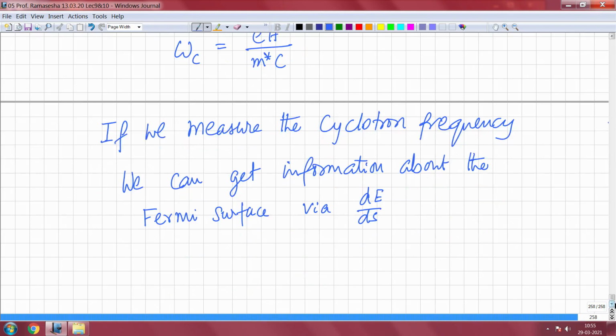Now let us see how one can do these cyclotron resonance experiments.